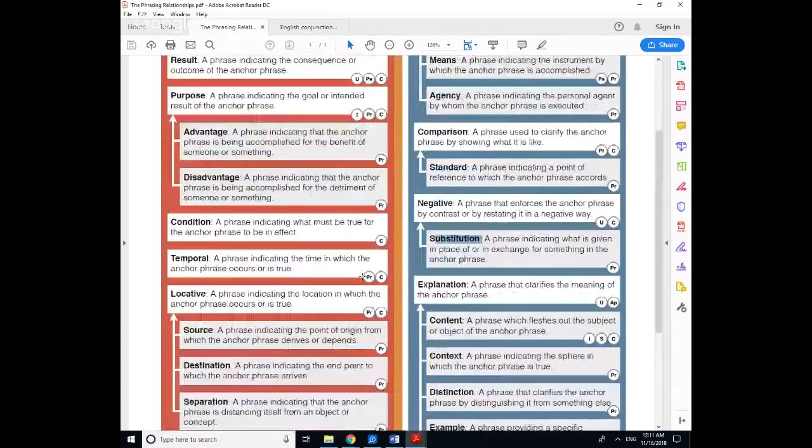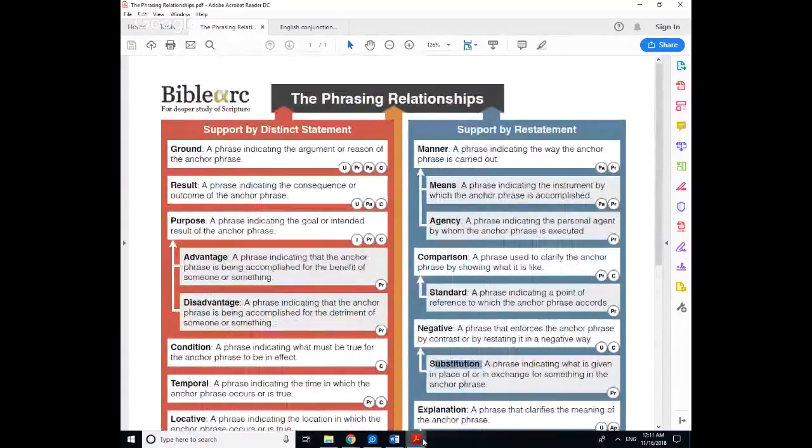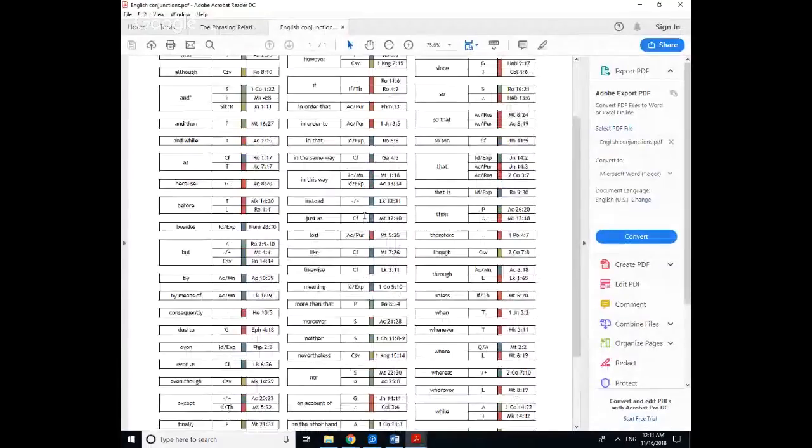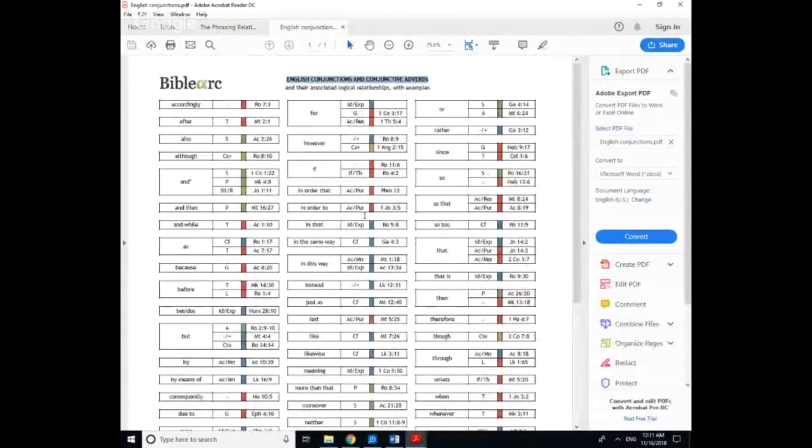I was using the Bible Arc categories because, as I explained, Josh wants to use them, and hopefully in these videos I've showed people the problem with the categories, not because the system is bad, but because it's so different from phrasing. Even though it uses the same terms as other things, it just doesn't work.